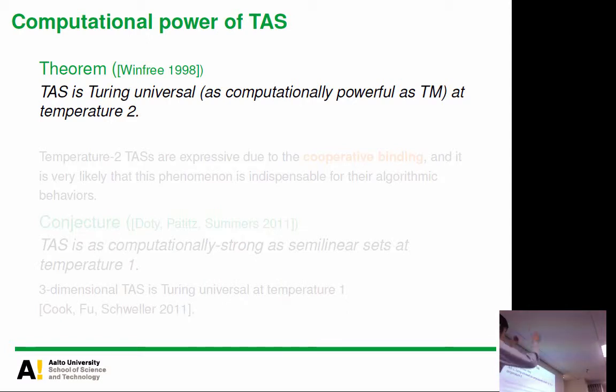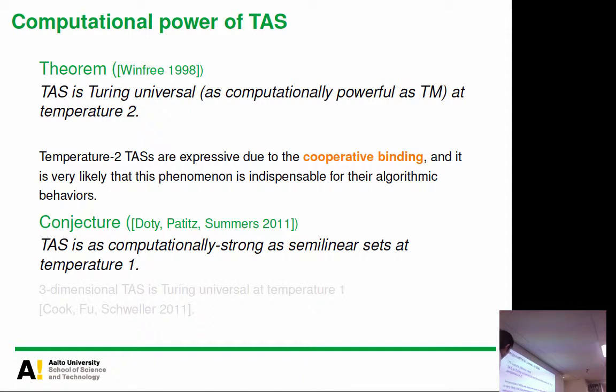But if it goes up to 90 Celsius, then they start getting off, so they need stronger bonds for stability. Okay. So if you can use such cooperative binding by a weak one and a weak one, then this is Turing universal.